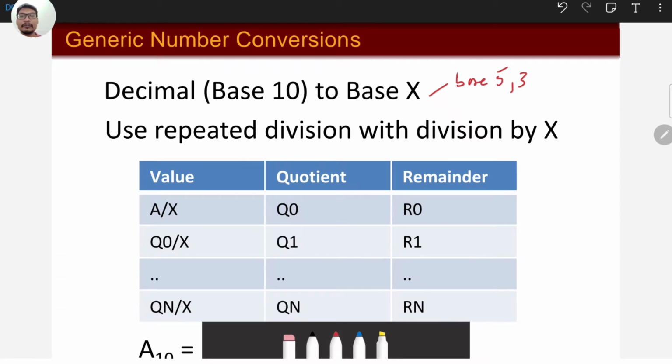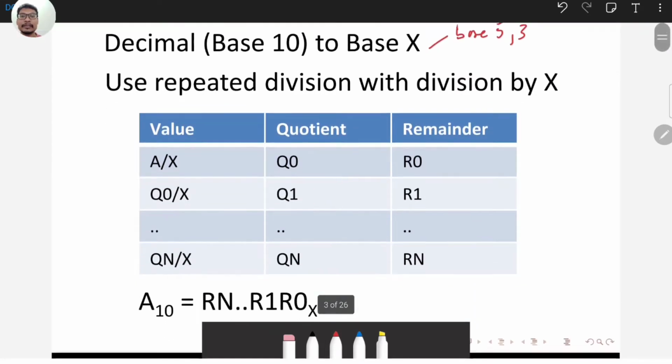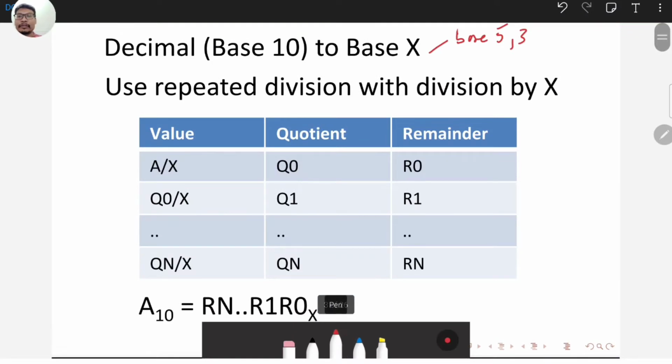The way we do it is we can use repeated division. For example here, a is base 10, and you want to convert this a into a base x, let's say base 5 or base 3. Previously we have seen that if you want to convert a into binary, then your x will be equal to 2. If you want to convert decimal to hex, we divide by 16.